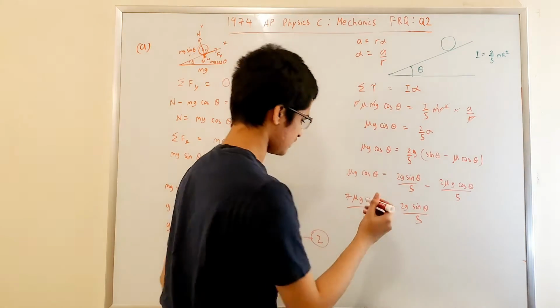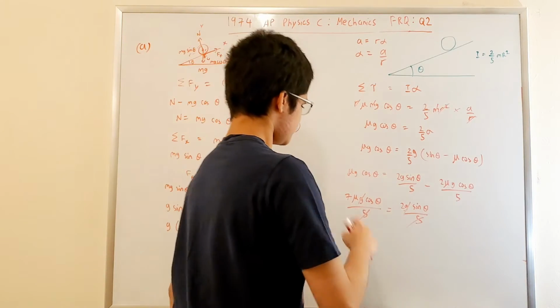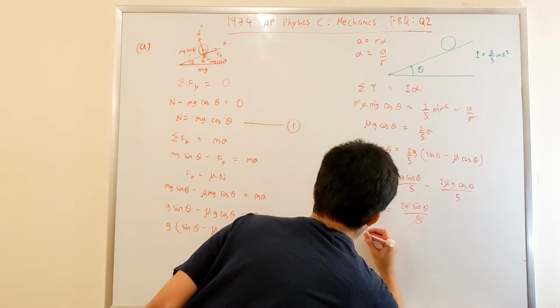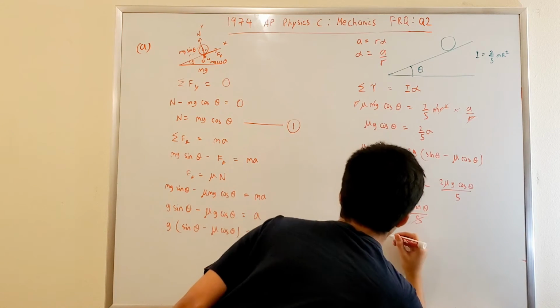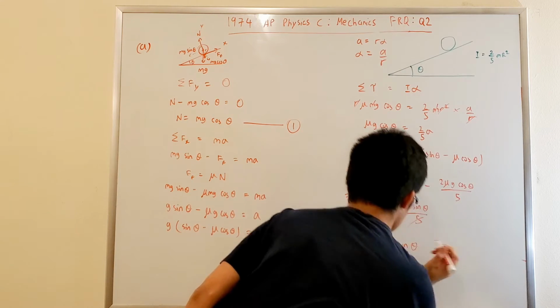Now we can cancel out our g's and our 5's. And finally, we can divide by 7 cosine theta to get mu is equal to 2 over 7 times tan theta.